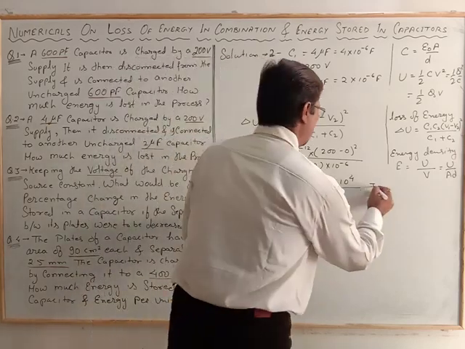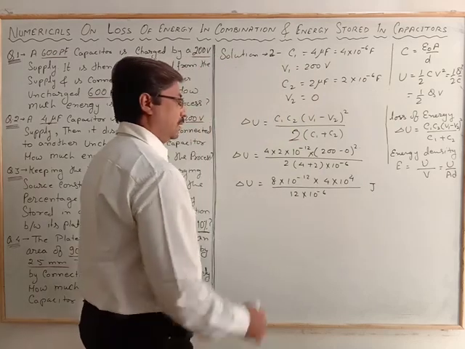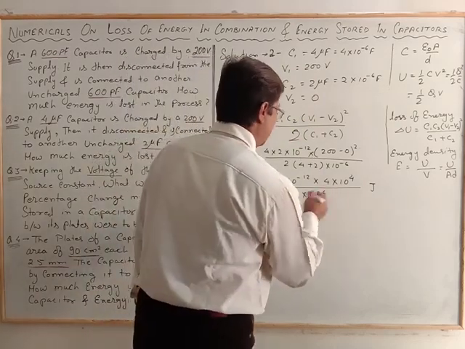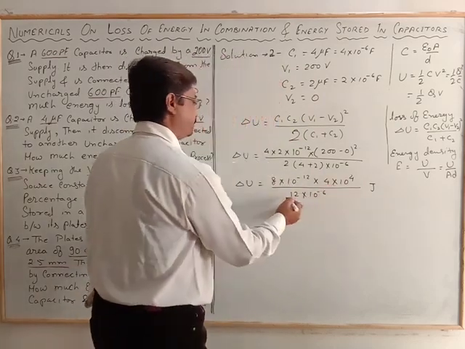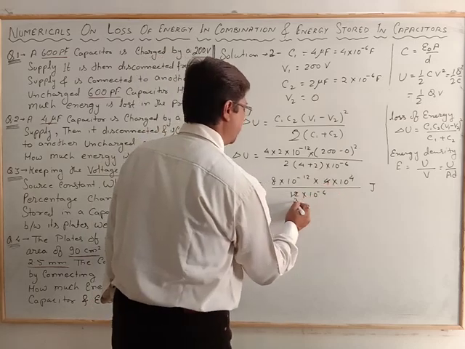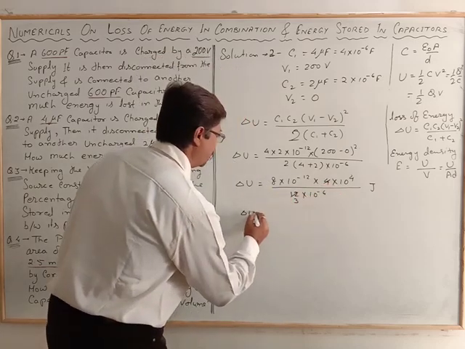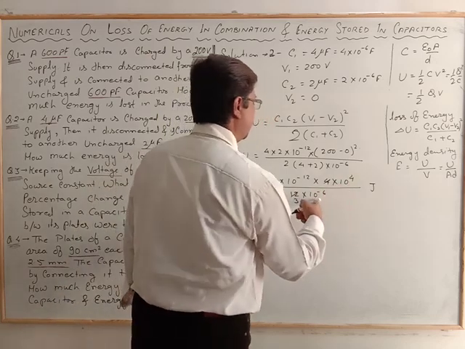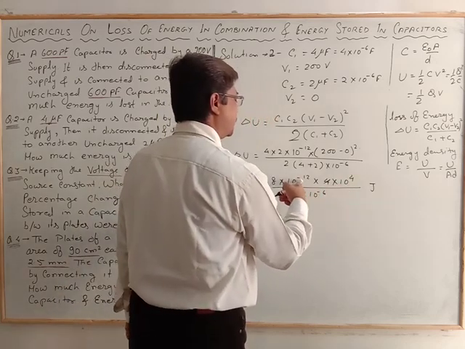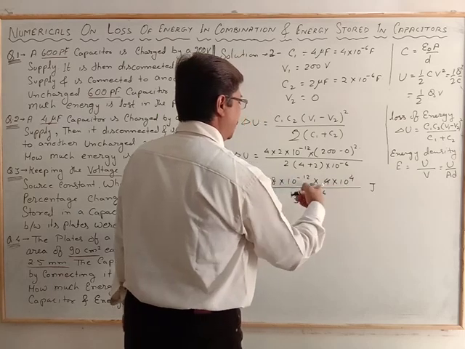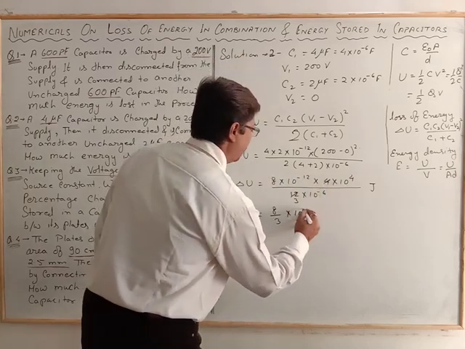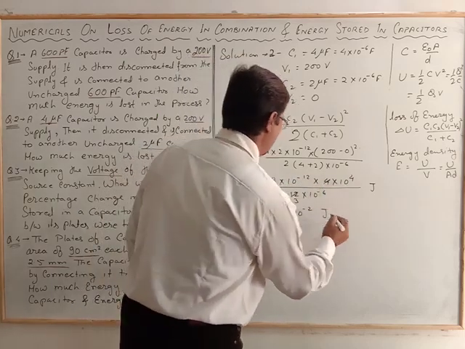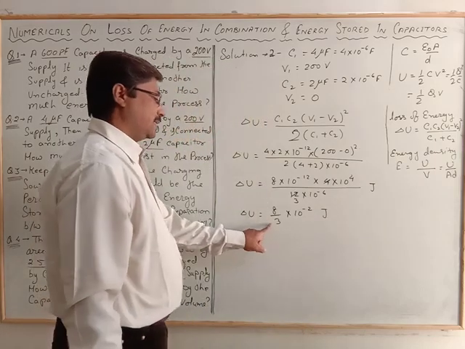That much is the energy loss in joule. Now solve it. That becomes 4 of the 3 times, and we have delta U equal to 8 by 3 into 10 to the power minus 2 joule.